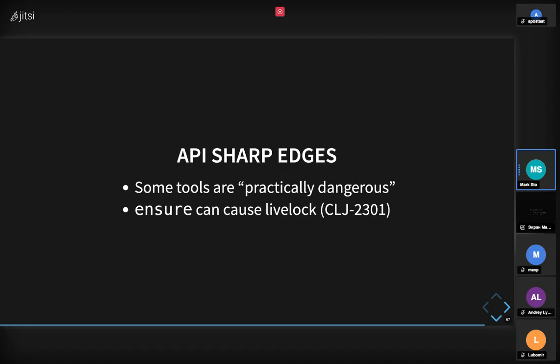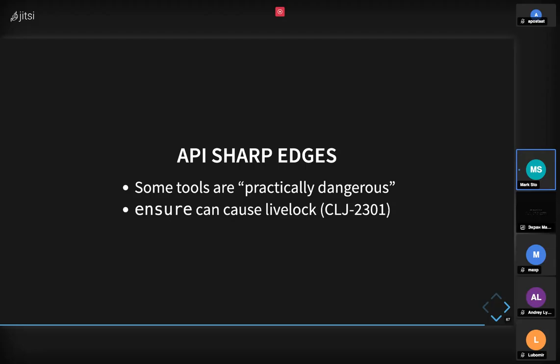This inconsistency won't be visible, neither in tests nor in a low throughput production system, making it all the more dangerous. There is also my favorite function, ensure, which is another vivid example of a dangerous tool that is here in the Clojure STM. It is known that the combination of ensure plus writes to the same ref from other transactions can lead to livelock, where transactions endlessly push each other without making any progress at all.